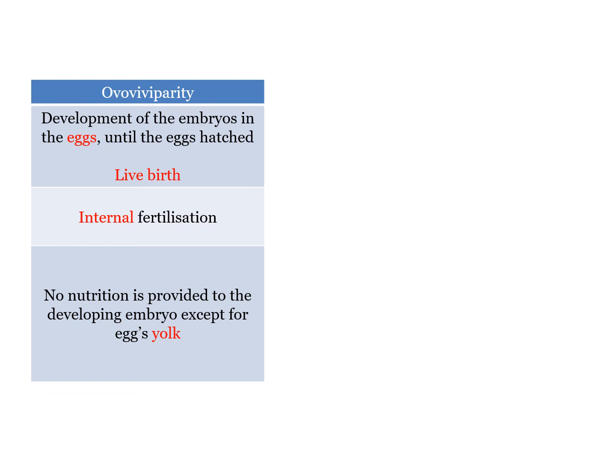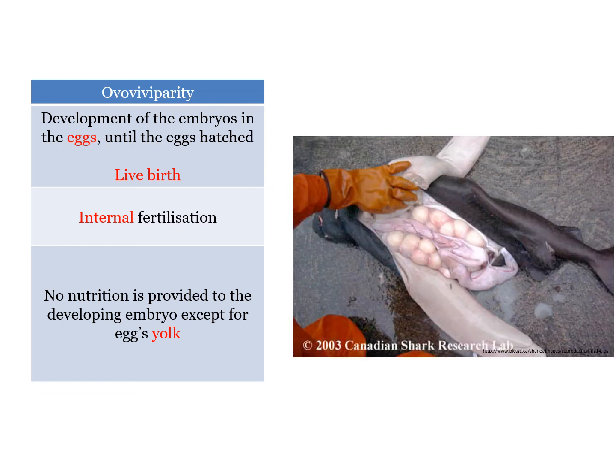After the embryos are fully developed, eggs will be hatched inside of the female's body, and the female will give birth. The keywords here are eggs, live birth, and yolk. Examples of ovoviviparous animals are Portuguese sharks.